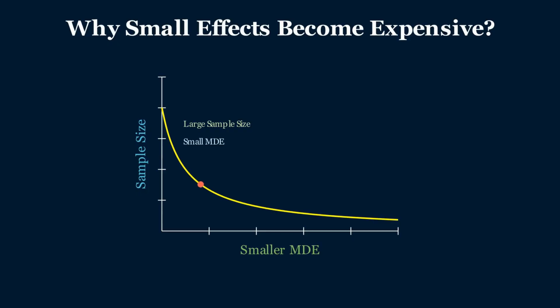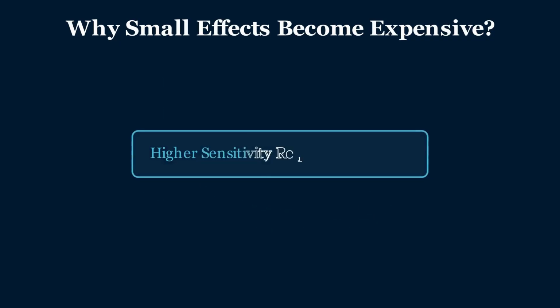Smaller MDE means larger sample size and larger MDE means smaller sample size. If your experiment only cares about detecting huge improvements, you don't need much data. Large effects stand out quickly. But if your business cares about tiny improvements, experiments become slower, more expensive, and much harder to run reliably. Because detecting subtle changes requires higher statistical sensitivity.